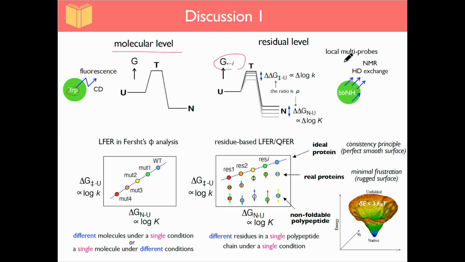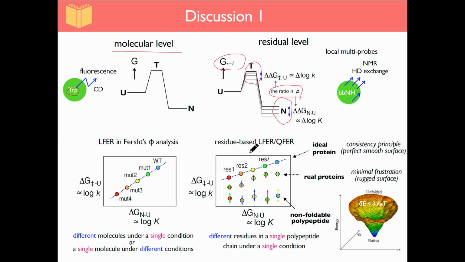By changing the local probe position, we can see a variety of differences in these free energy values, and the ratio of these two free energy differences is the rho value, or phi value, we should say.